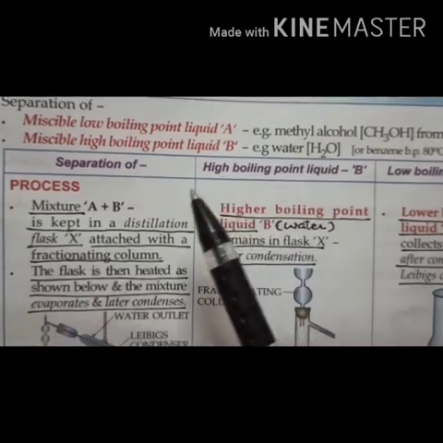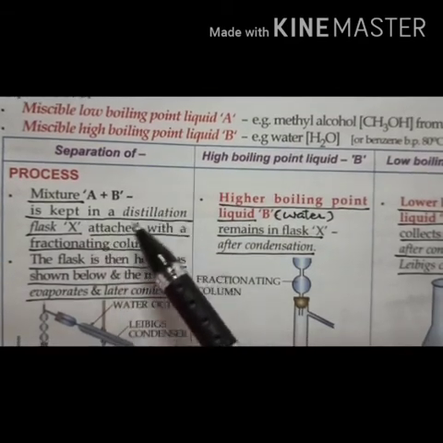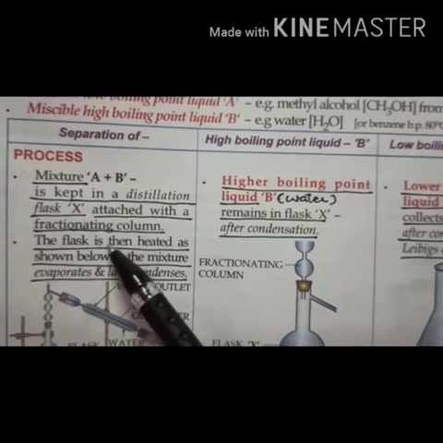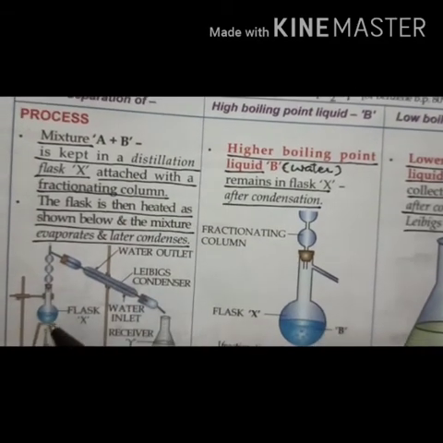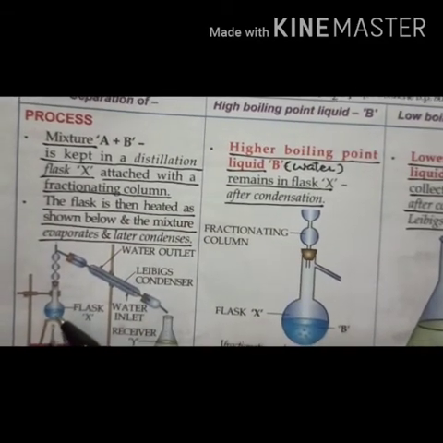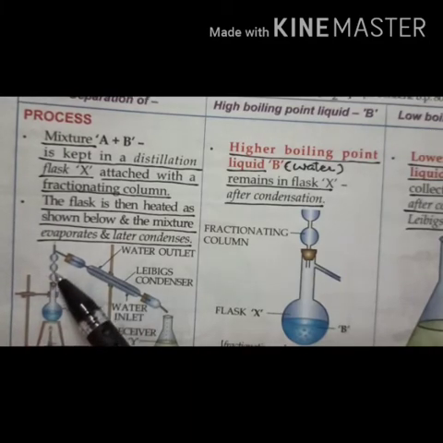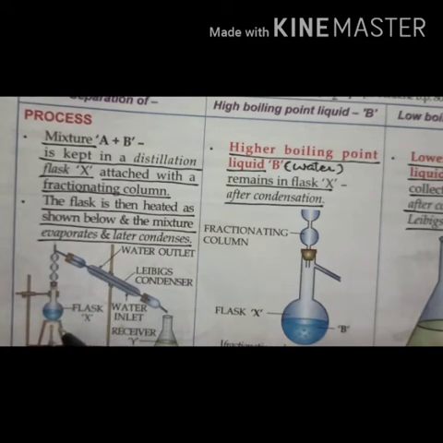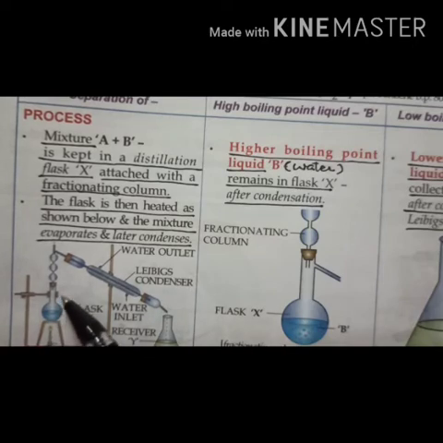For that, you take the mixture in a distillation flask which is attached to a fractionating column. Just look here, this is your distillation flask. It is attached to this fractionating column. When the flask is heated, the mixture evaporates and then condenses.